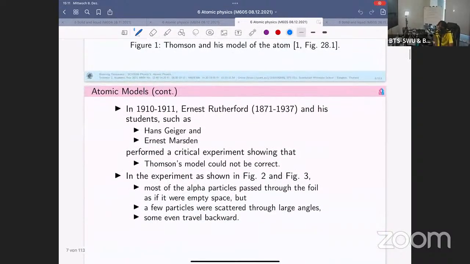In 1910, 1911, Ernest Rutherford and his students, because he was a professor and had students, doctoral degree students, known as Hans Geiger, who is well known for a special device in physics, and Ernest Marsden, made a critical experiment showing that the Thomson model could not be correct.